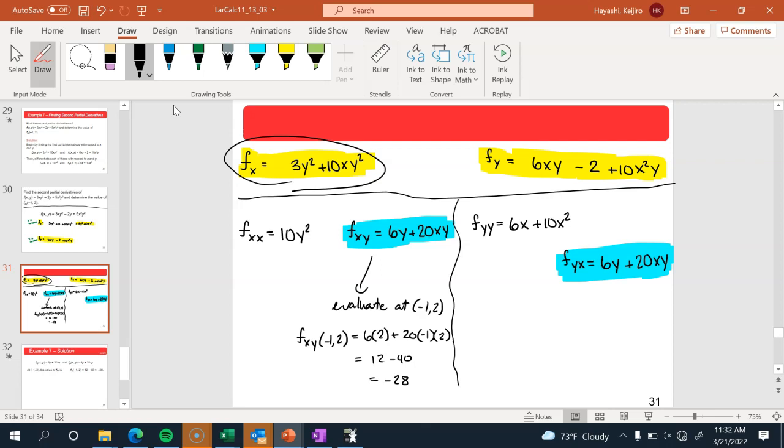Just for f_xy at that point. That's all we're really being asked to do. And kind of like with second derivatives that you knew before, these do, in a way, describe the curvature, just in a kind of complicated way.